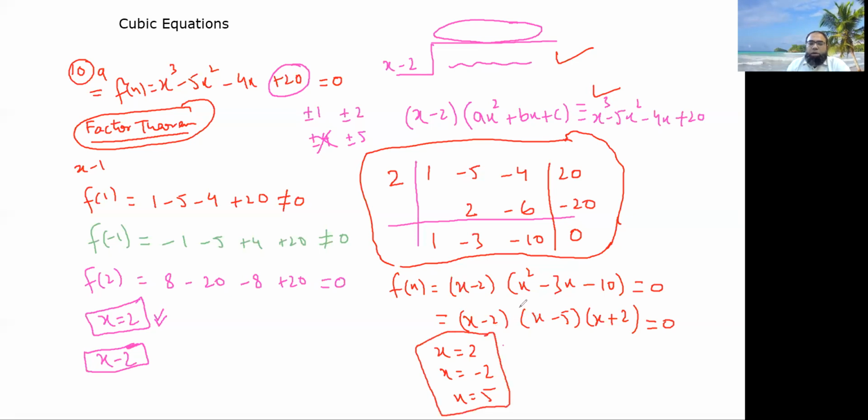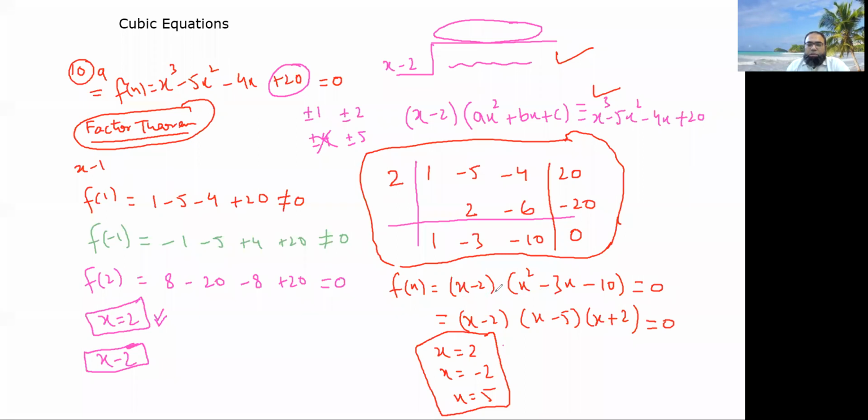One thing I want to make clear is that this quadratic expression that you get, you may not always be able to factorize. Sometimes you might have to apply the quadratic formula to find the solutions. Sometimes you may not even get a solution through the quadratic equation, because there are cases when a cubic equation has only 1 root.